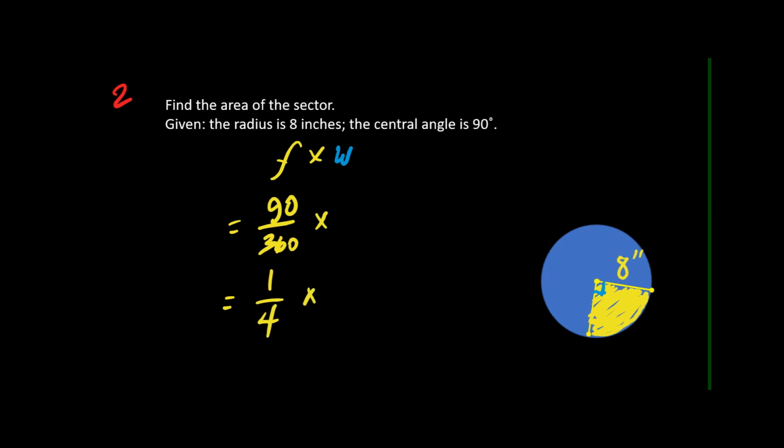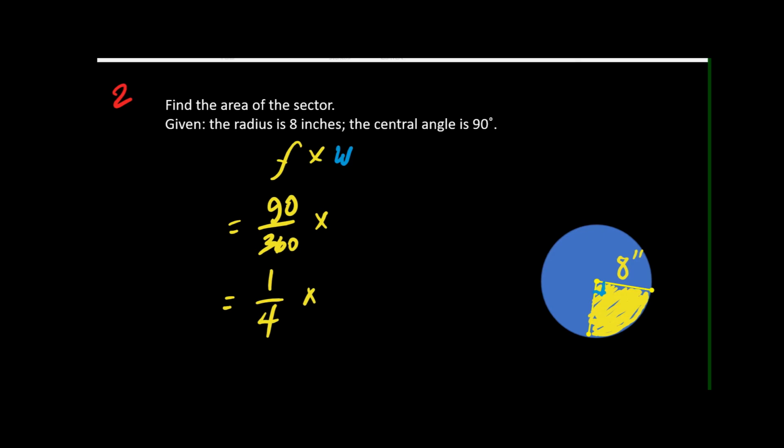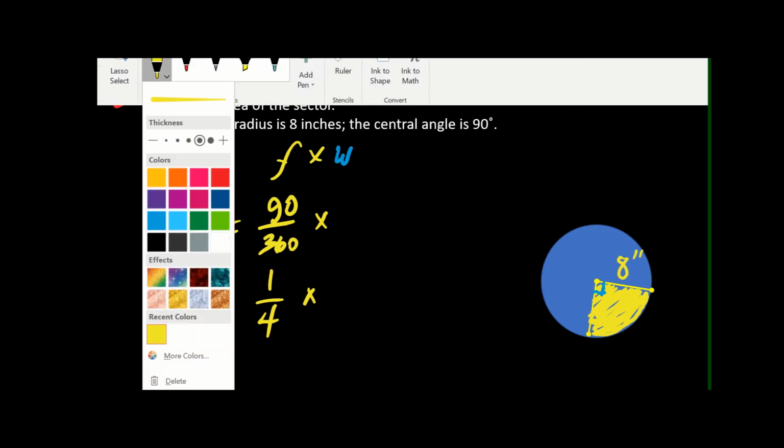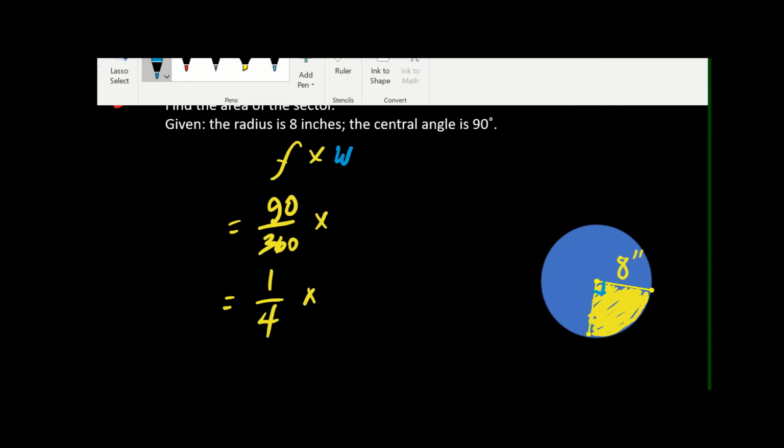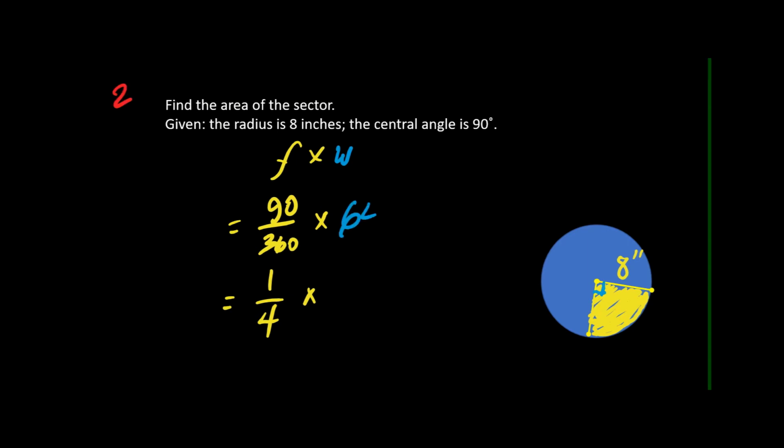Now what's our whole? Remember, it's pi r squared. So 8 squared is going to give us 64. And this is 64 pi. I guess every time I'm doing this, I'm just writing the same thing twice. And what is 1/4 times 64? That's cutting this into fours.